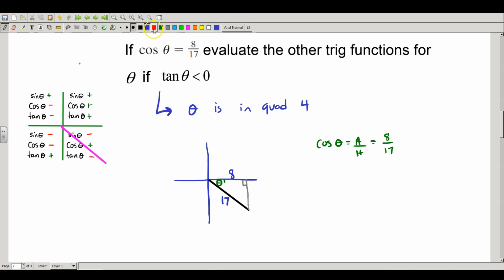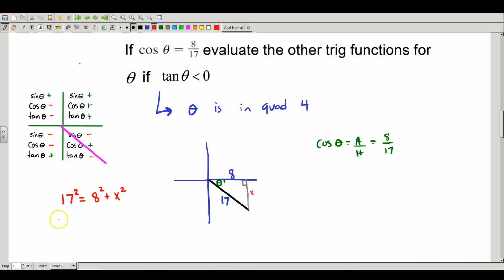So the only thing we don't know here is the opposite side of that triangle. So we're going to have to use the Pythagorean theorem to find that opposite side. So let's go ahead and do that. This would be 17 squared equals 8 squared plus, let's just call this x squared.